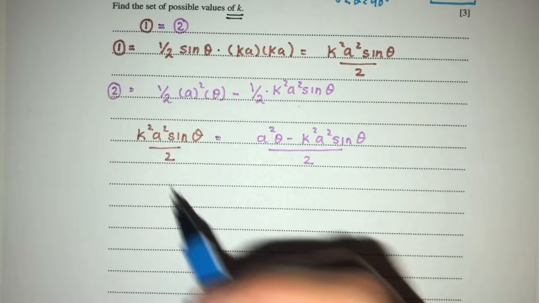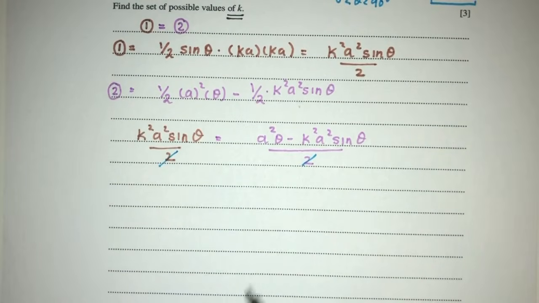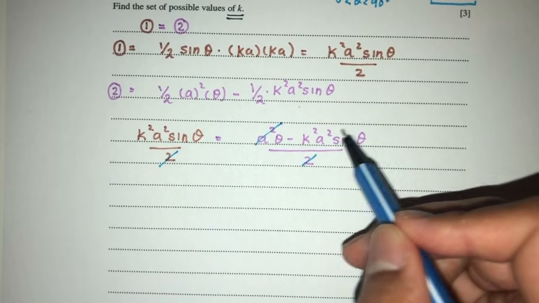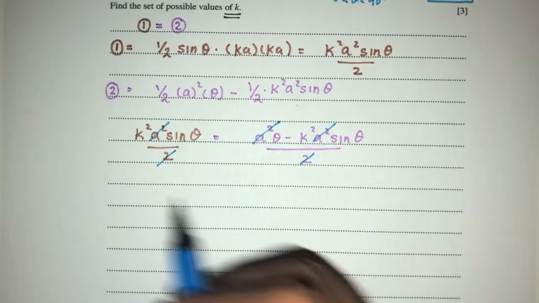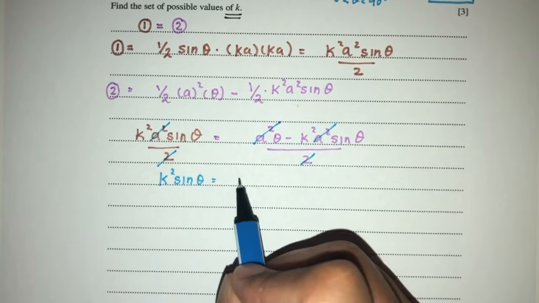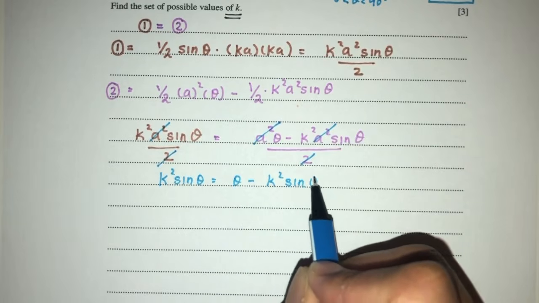First thing, we can eliminate those two values. Then we have a squared everywhere, so divide by a squared and it goes away. Then you will have k squared sine theta is equal to theta minus k squared sine theta.